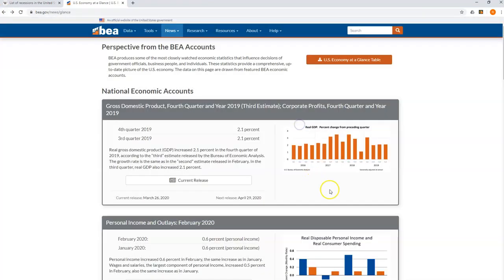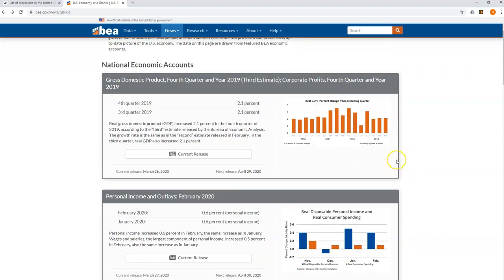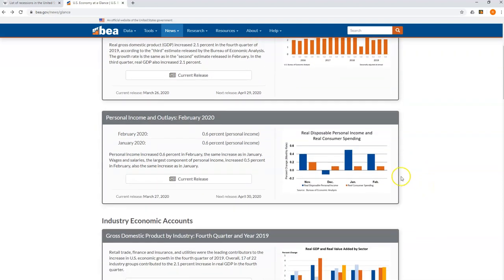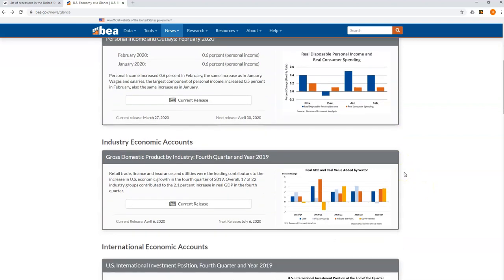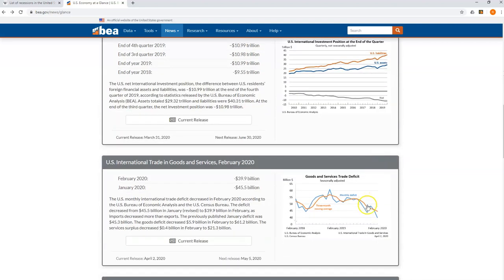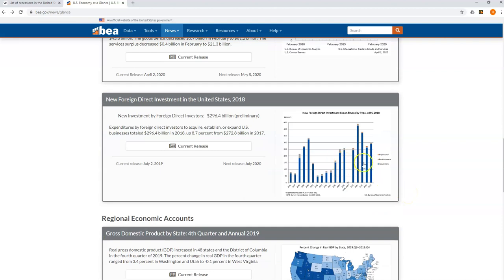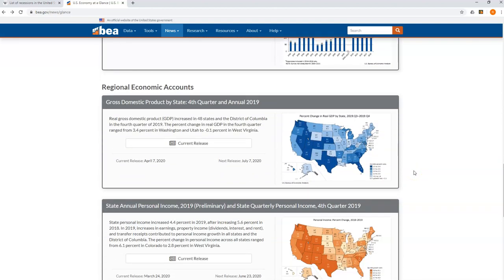All right, now that's not the only information that the Bureau of Economic Analysis releases. They also have income information. They have international economic account information. They have trades information. They have direct investment information by foreigners.